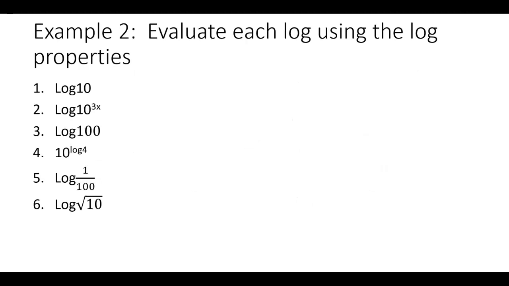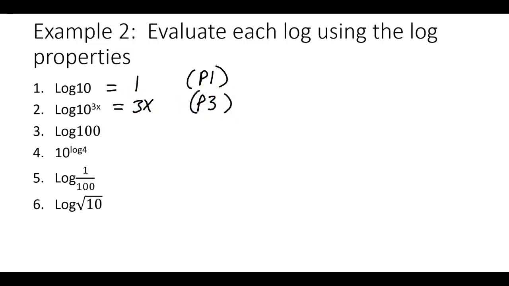Okay, so log 10, that equals 1. I think that's property 1. Number 2, notice how there, it's a log base 10. There's a 10 here, so the answer is just going to be the exponent, which is 3x. That's property 3.